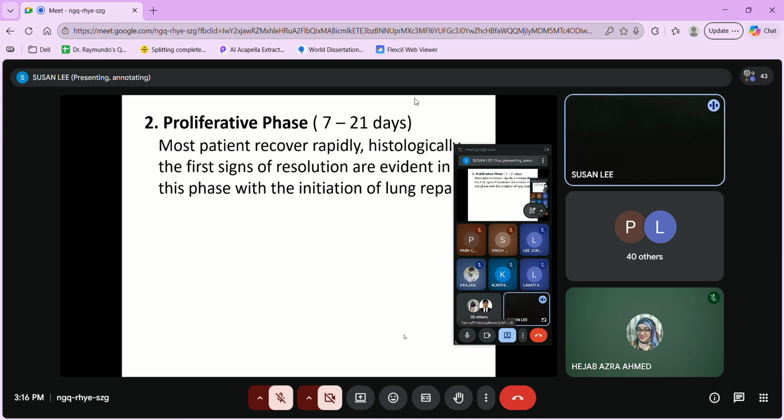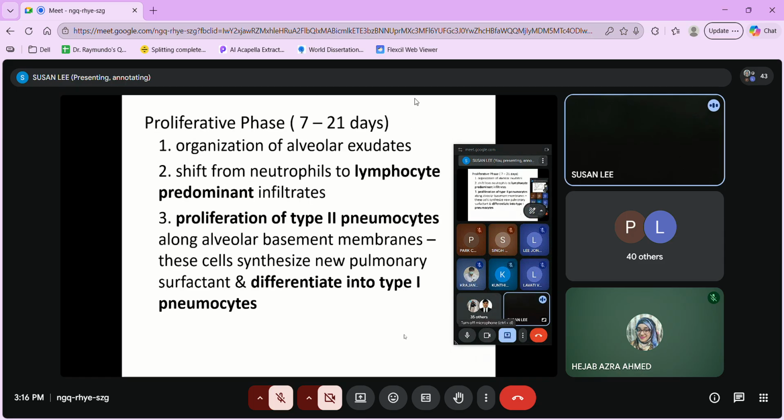Histologically, the first sign of resolution can be seen in the initiation of lung repair. And most patients, okay, would show organization of the alveolar exudates and a shift from neutrophils to lymphocyte-predominant infiltrates, and you would start to see the proliferation of your type 2 pneumocytes along the basement membrane, okay, leading to the synthesis of new pulmonary surfactant and differentiation into your type 1 pneumocytes.